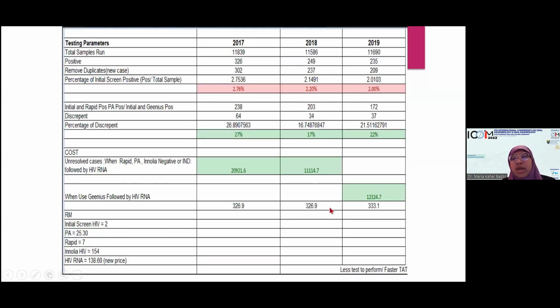Okay, the other thing which was good is that we also did some evaluation, and we have a cost reduction. If we had an unresolved case where we had to do a rapid PA, inhaler negative HIV RNA, we would actually spend, okay, these are quite old figures.